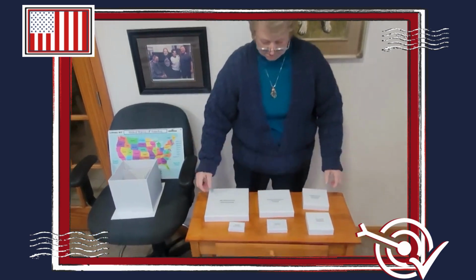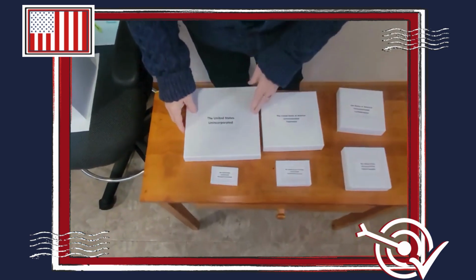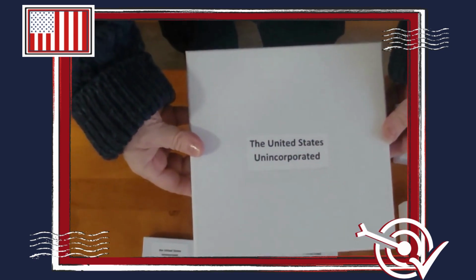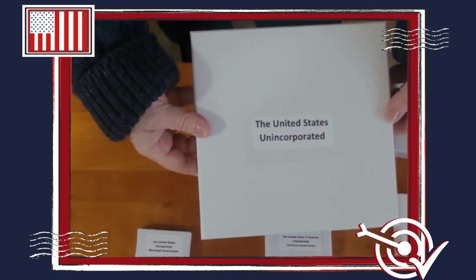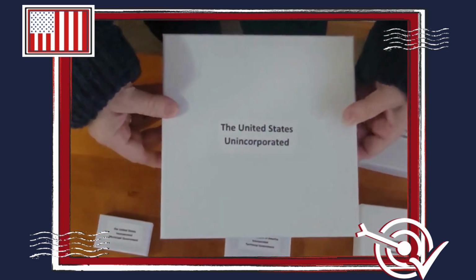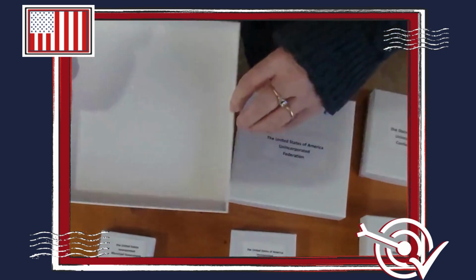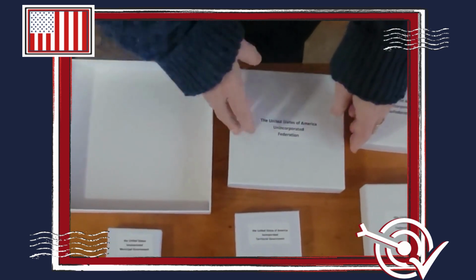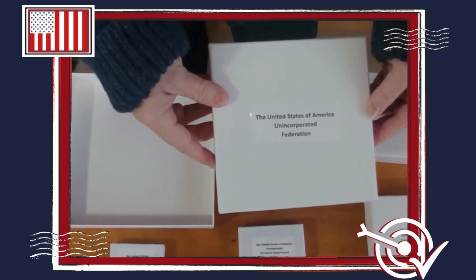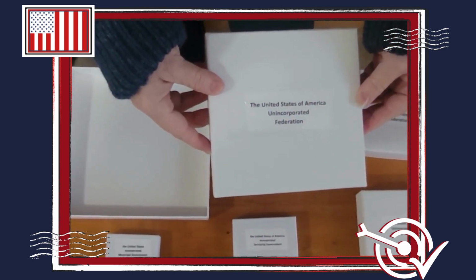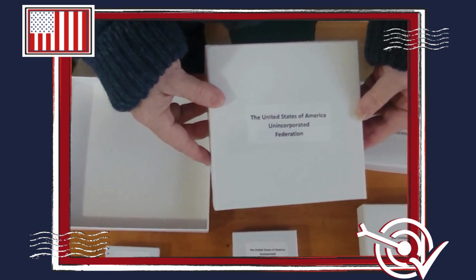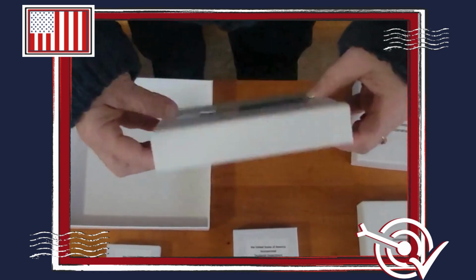Okay, so here you have the real kahuna, the United States, unincorporated, the Union States. The members of the Union are all sovereign nation states. Next, you have the United States of America Federation, which is the international land and sea jurisdiction states.